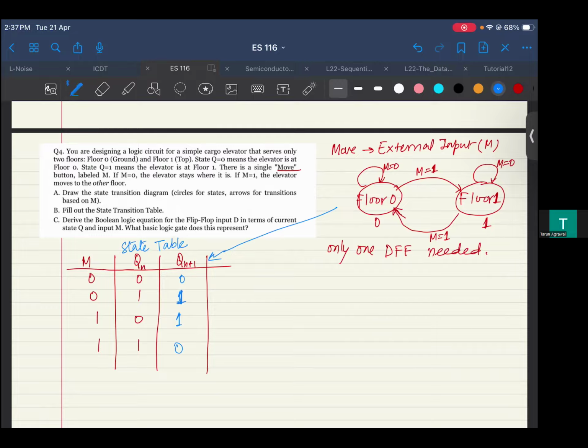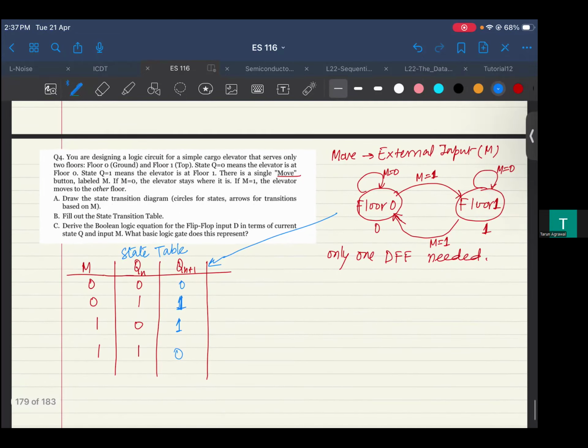Now if we want to make this circuit with D, because we know there is a D input, we have to represent this as D0 or D, whatever, because there's only one D. And for D, the excitation table is very simple. Whatever the next state Qn plus 1 is, that becomes the D input. So in this case, your D is basically Qn plus 1, which is 0, 1, 1, 0.